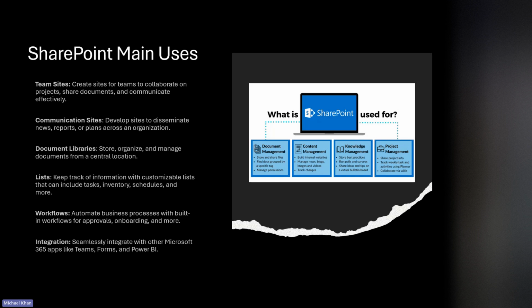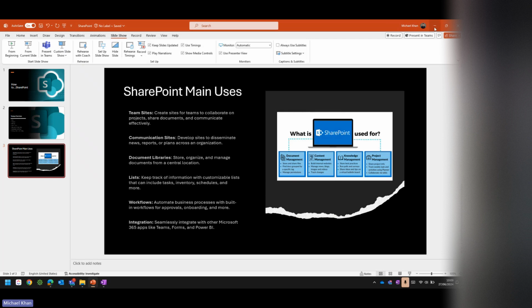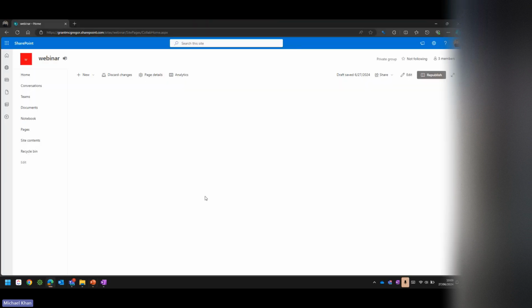What we'll do is we'll jump into our SharePoint site now and have a quick look. So this is a blank SharePoint test site that I've just created. Haven't really edited anything other than taking off the template area that you get when you first create a site, and this is a team site, I should state.